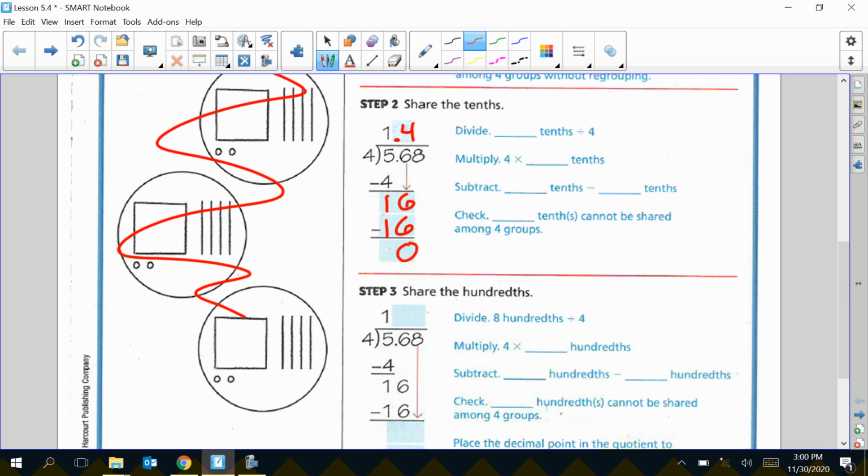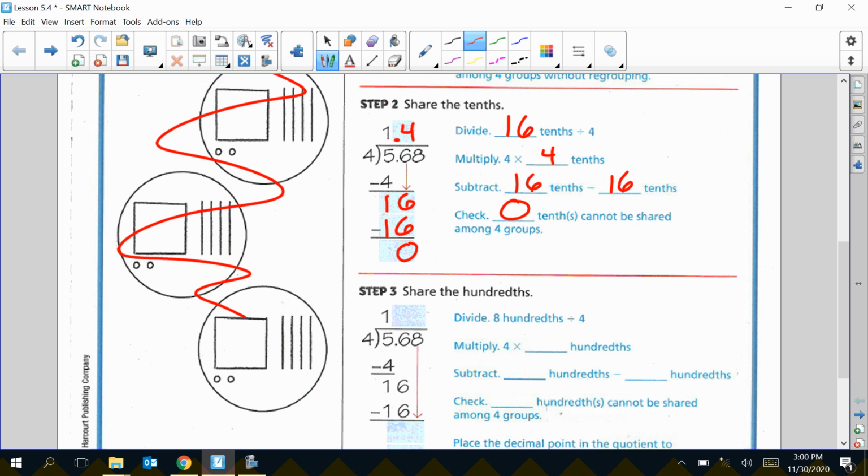So as we kind of talk ourselves through here, we're going to divide 16 tenths by 4. We know that 4 times 4 tenths is going to give us that. We're going to subtract the 16 minus the 16, and we get a remainder of 0. That's basically walking us through what we did there.